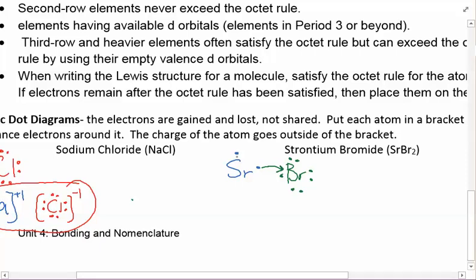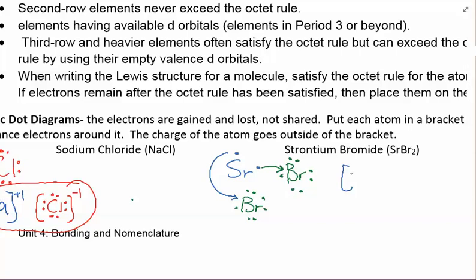When we are ionic bonding, we can't have extra electrons. This is the reason why we swap and drop. We have to make sure that we don't have random extra electrons like that. So we actually need a second bromine here to take that electron. So this electron will go to the other bromine. So now strontium has a +2 charge.